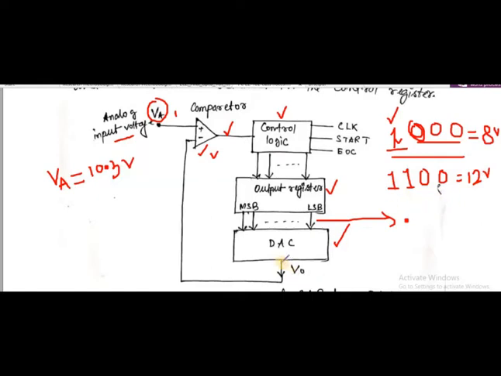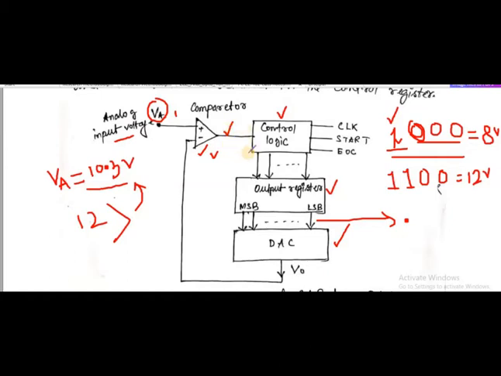This 12 volt will appear at the inverting terminal of this comparator. So this 12 volt is now greater than 10.3. Since this voltage is greater, according to the concept of comparator, the output goes to negative saturation. So the output goes low.